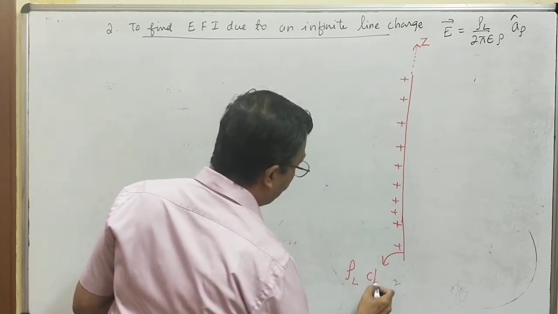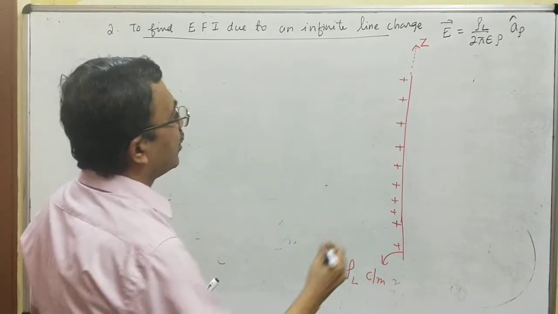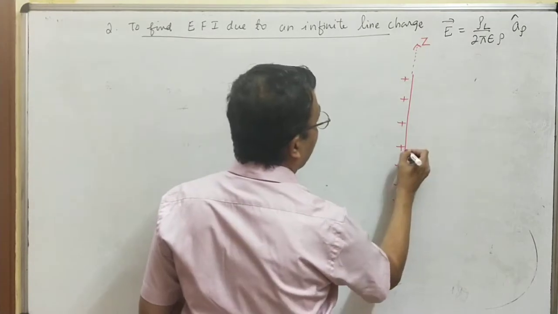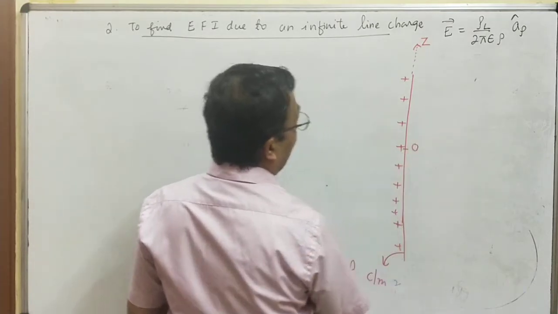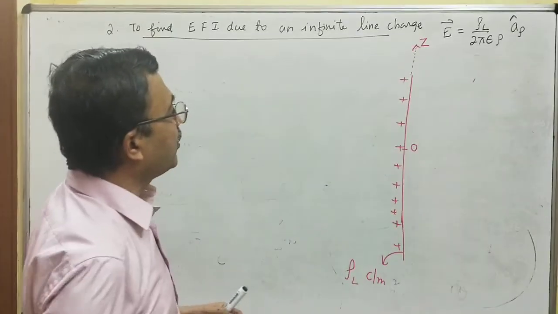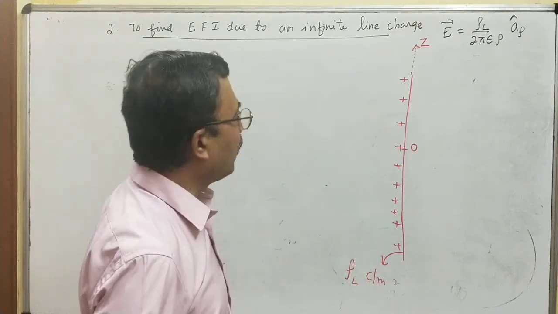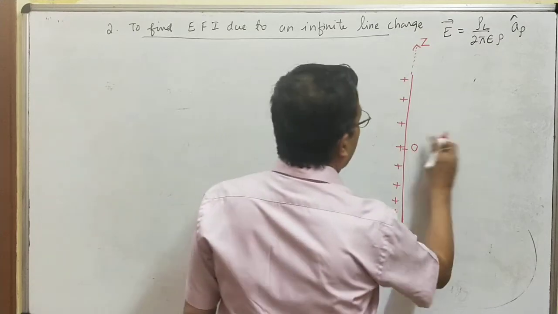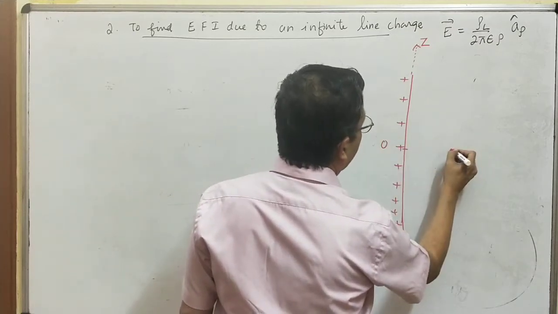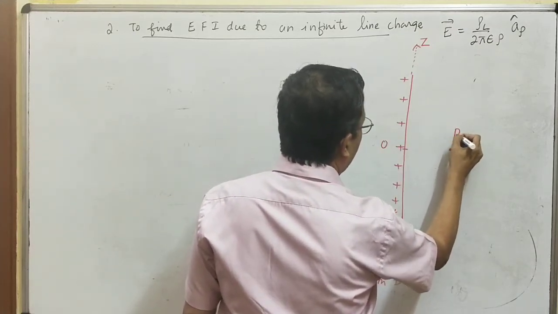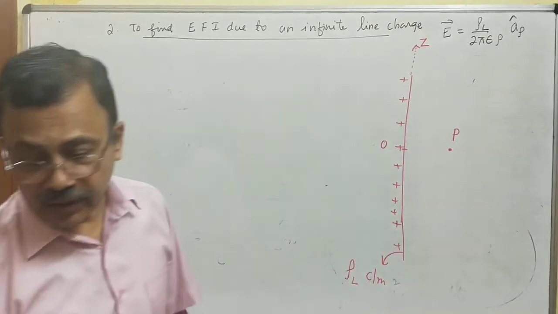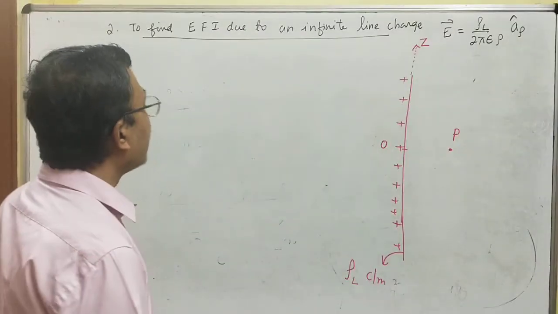Rho L coulombs per meter. At point P, let us say this is the midpoint of the infinite line charge, or we shall assume the infinite line charge is kept symmetrically with respect to origin. P is the point of interest where we have to find electric field intensity.